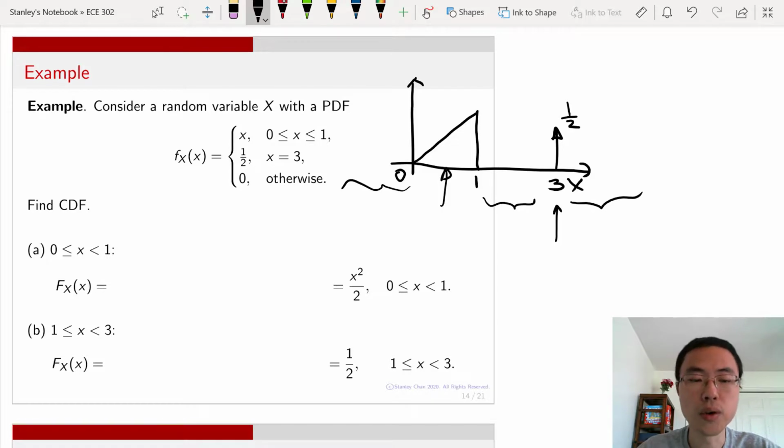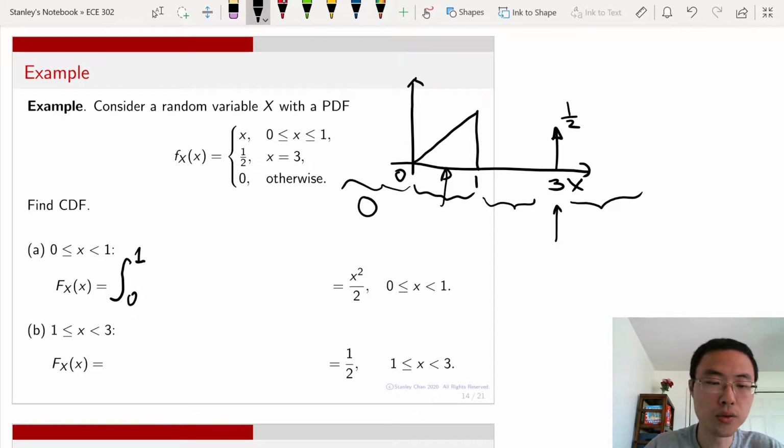That is the question. For the range before, we know that the CDF is 0. That is very clear. For the range between 0 and 1, we have the CDF definition, which is the integration from 0 all the way to x.